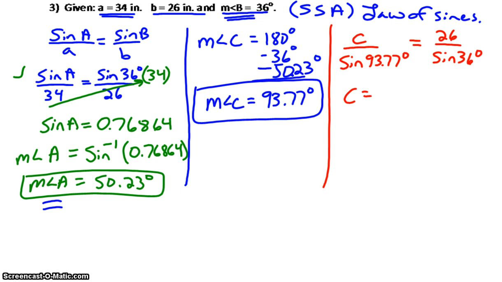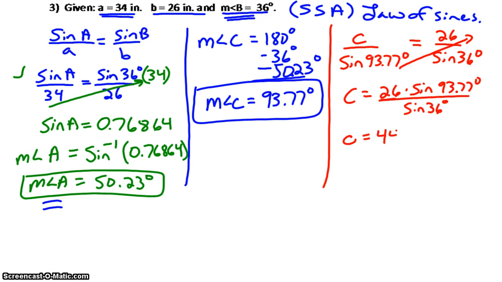Once again, I will just cross multiply, giving me 26 times sine of 93.77 degrees all over sine of 36 degrees, meaning 26 times sine of 93.77 divided by sine of 36 degrees. And I will find my side C equaling 44.14 inches.